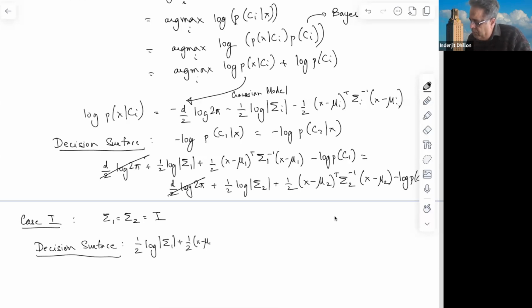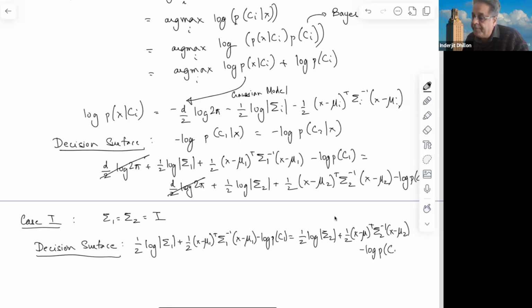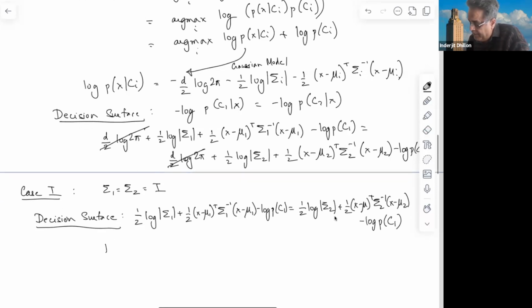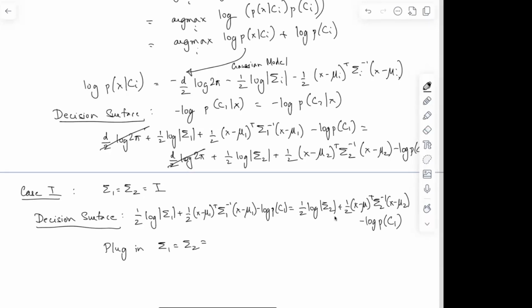X minus mu 1 transpose sigma 1 inverse, X minus mu 1. Looks like I'm going to run out of space. Not too bad. Plus or minus log of P of C1. Okay, so if I plug in sigma 1, P of C2, the last one.